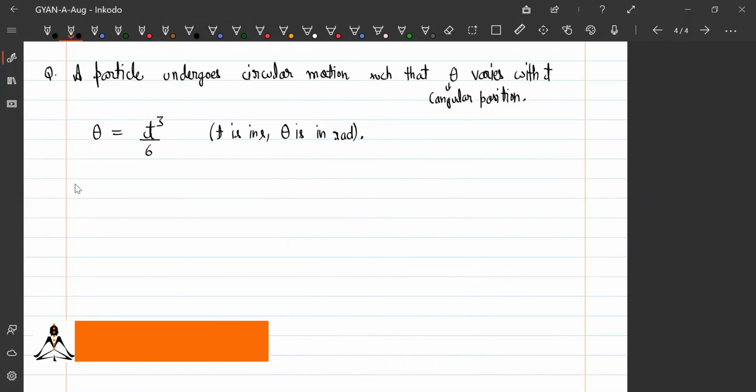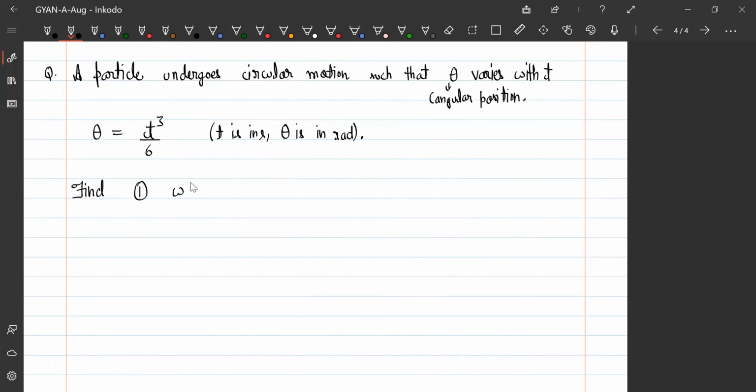So your question is: find omega as a function of time. Second, find alpha as a function of time. Then third, find alpha as a function of theta. Theta given as a function of time.